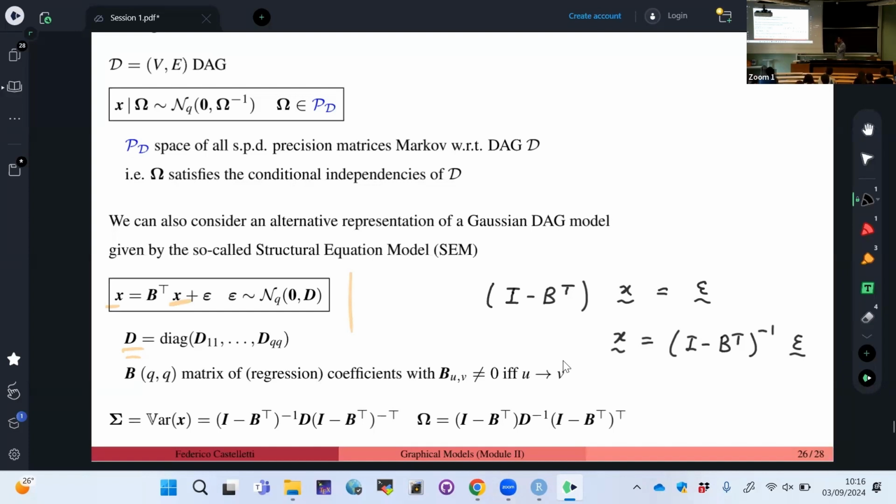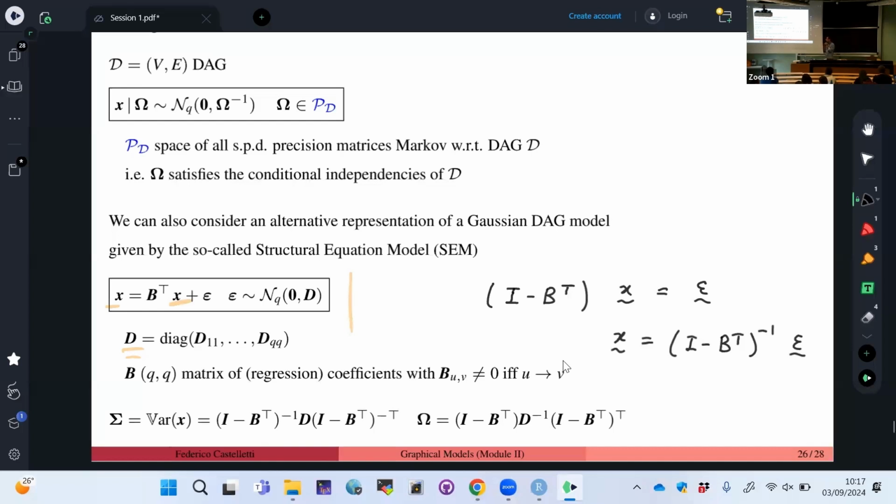So basically, we are using a reparameterization of the precision matrix in terms of two new parameters that are a matrix of regression coefficients and the matrix of conditional variances. The reason is that we would like to exploit the DAG factorization, which is possible, as we will see, using a structural equation model.